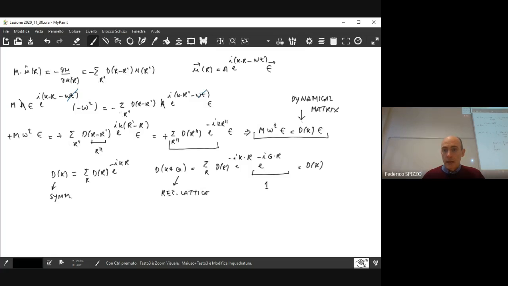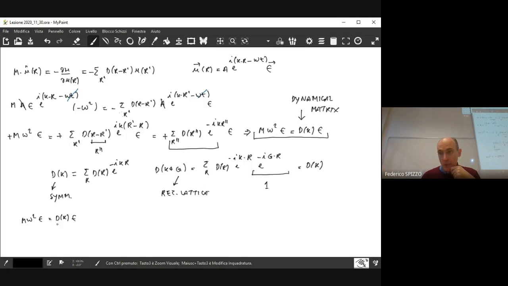Now going back to this eigenvalue problem, we know that D of k is a symmetrical matrix.